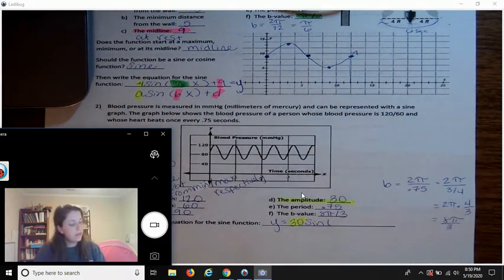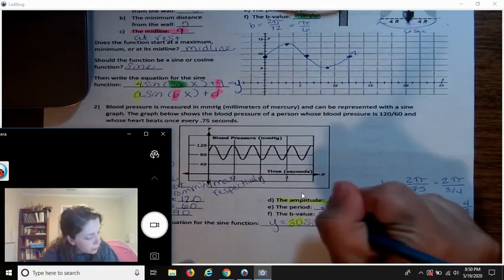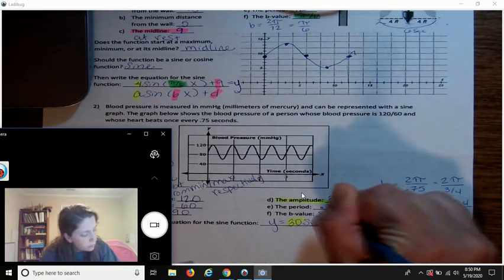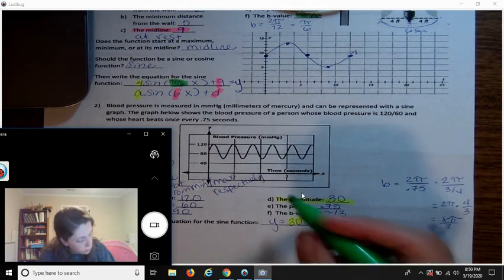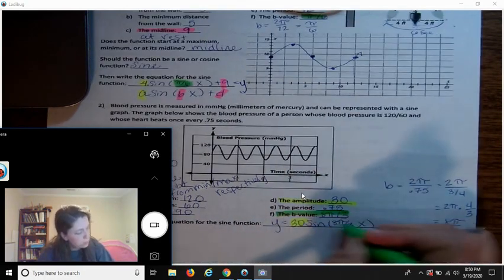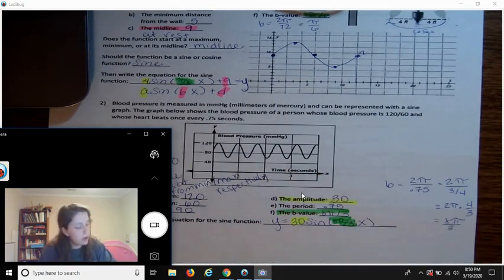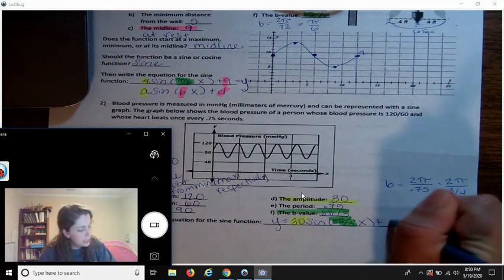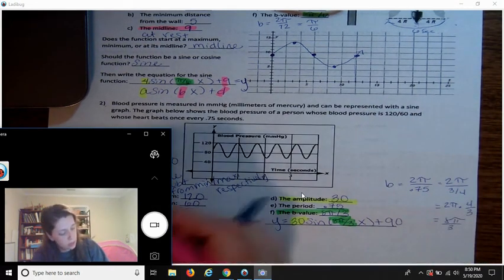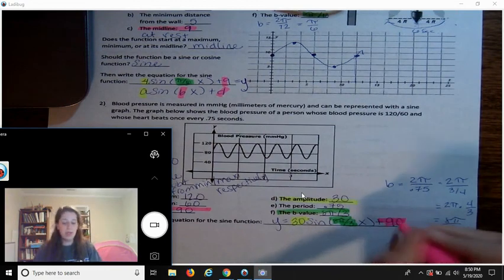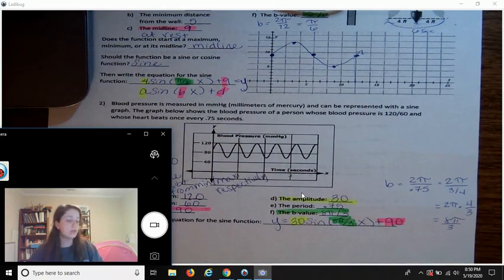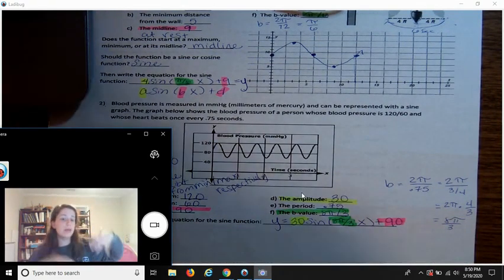Then we need our B value, which is 8 pi over 3. And then we need to add on our midline, which is 90. Okay, and we're done. All right, so that was pendulum and then blood pressure. And then our very last one is our clock.